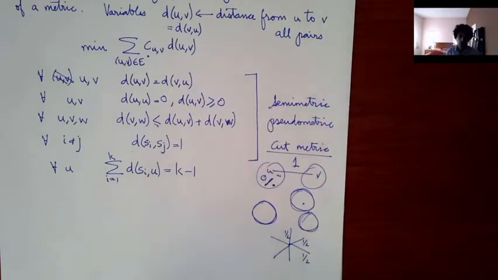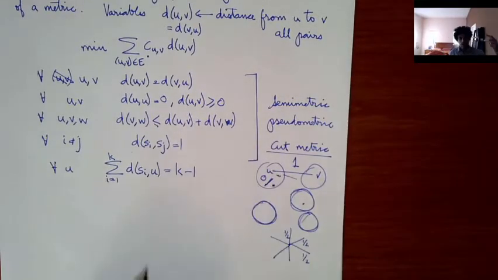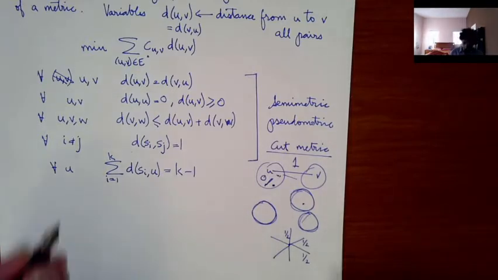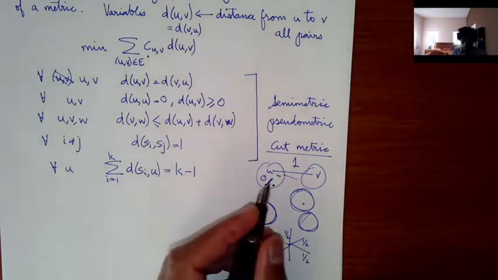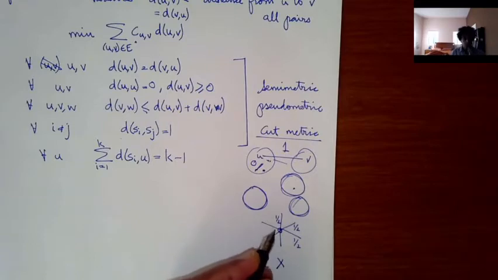So each connected component has a distinct terminal. And so the sum of distances to all the terminals should be k minus 1. So this then gets rid of this example, because for this middle vertex, the sum of distances was k over 2.